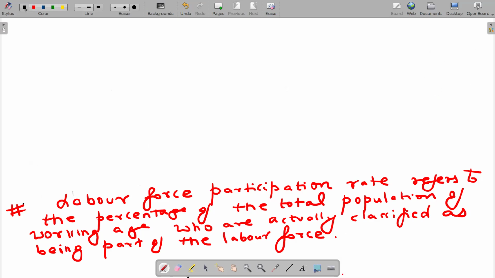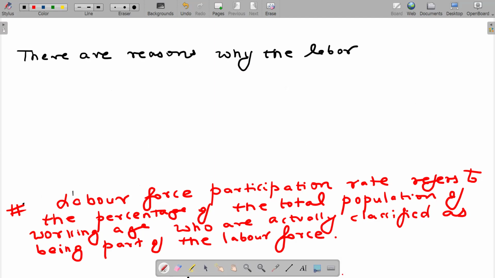I can write that there are reasons why the labor force participation may be relatively low in some countries.